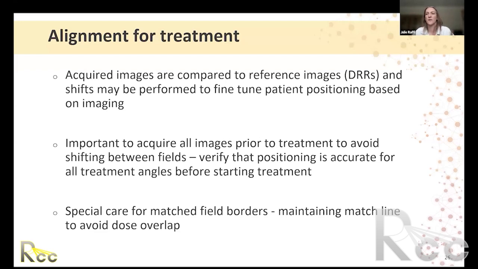You wouldn't just want to image your AP field and treat, and then go to your lateral field and realize that your vert was offset and you needed to make a correction. You want to apply all of the shifts that are necessary prior to delivering any of the treatment fields. So we'd want to image all of the field angles prior to starting treatment.